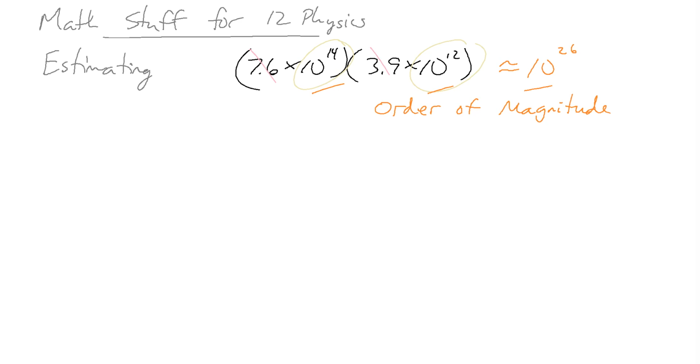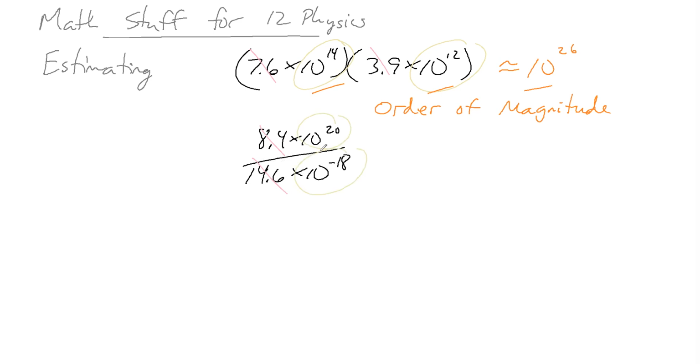Okay, same thing if we had something like 8.4 times 10 to the 20 divided by 14.6 times 10 to the negative 18, and I want to estimate this. Forget the 8.4, forget the 14.6, it doesn't matter, it's irrelevant. All I want is a quick estimate. So I'm going to look at the 10 to the 20, and the 10 to the negative 18.